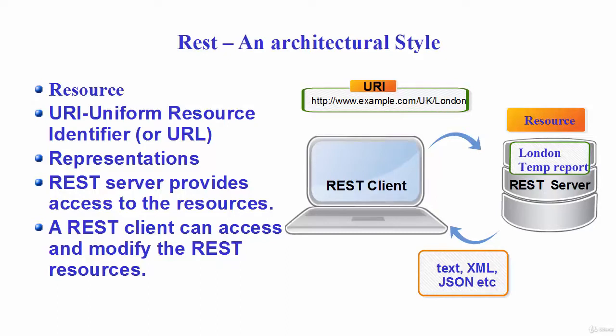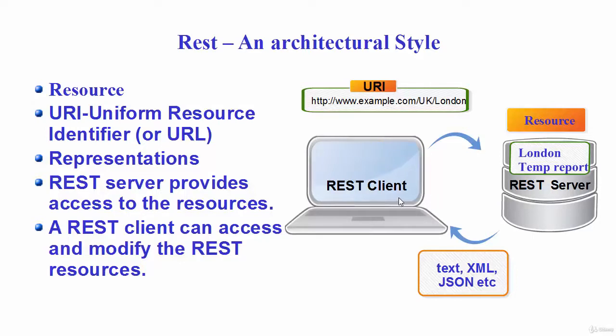Now REST allows the resource to have different representations, right? So for example, this request is sent to a REST server, and on the request, this REST server accesses London's temperature report, and then in which format this data is returned to the client is called a representation, right?